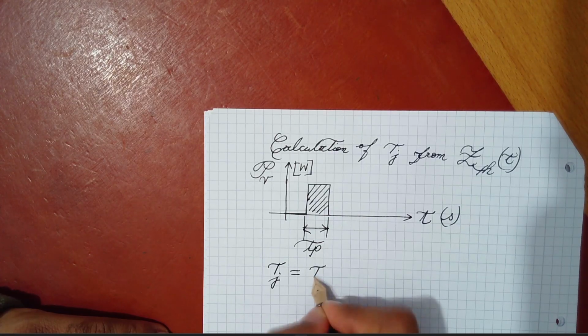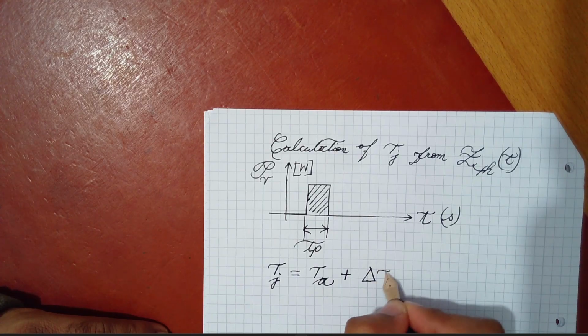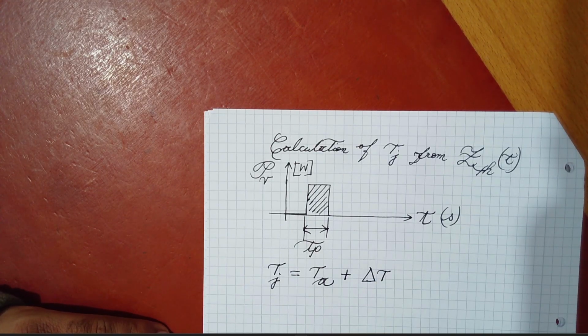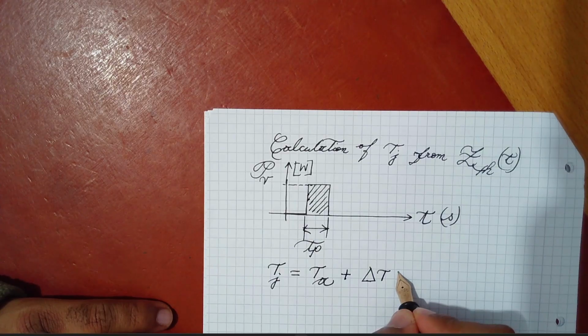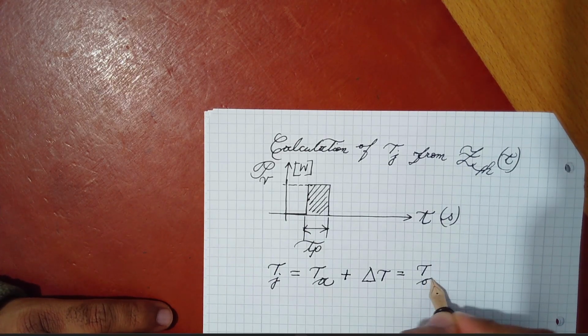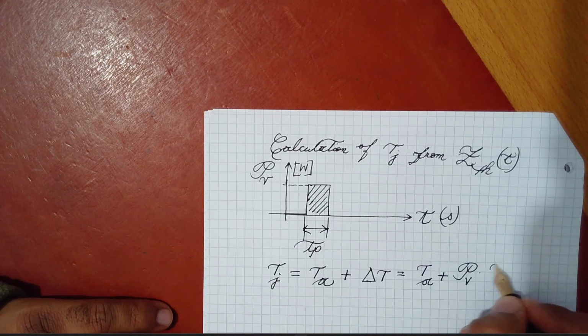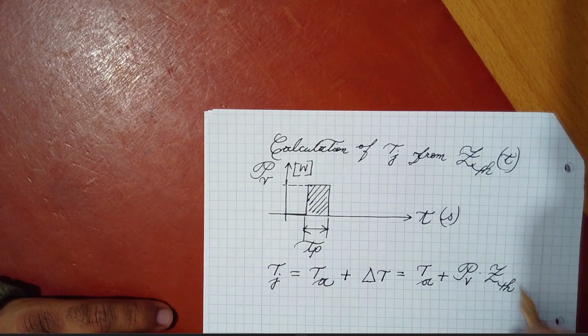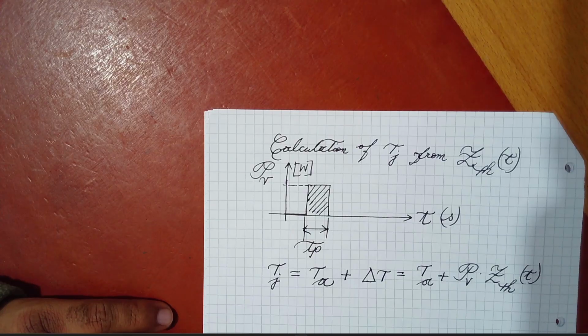It should be equal to the sum of ambient temperature and the delta T. Now delta T is actually the rise of temperature caused by that impulse. That means I can write it to be Ta, the ambient temperature, plus the power, PV, that represents the total power loss for that single pulse, times the value of the transient thermal impedance for that pulse, or in general, a term T.